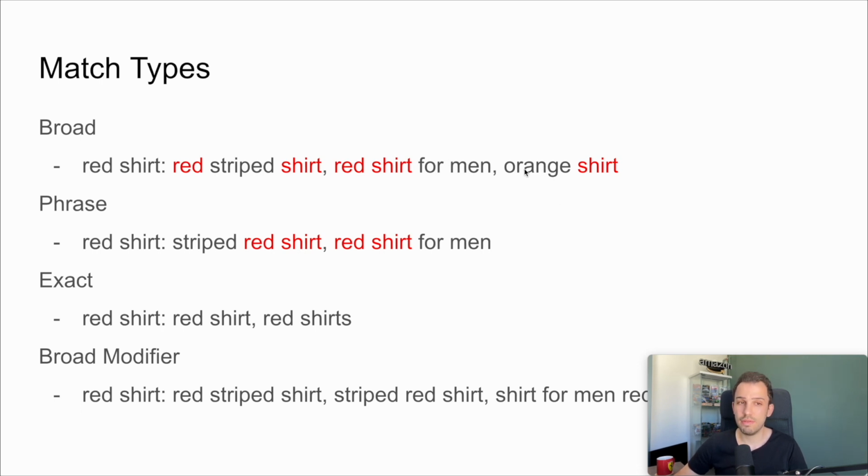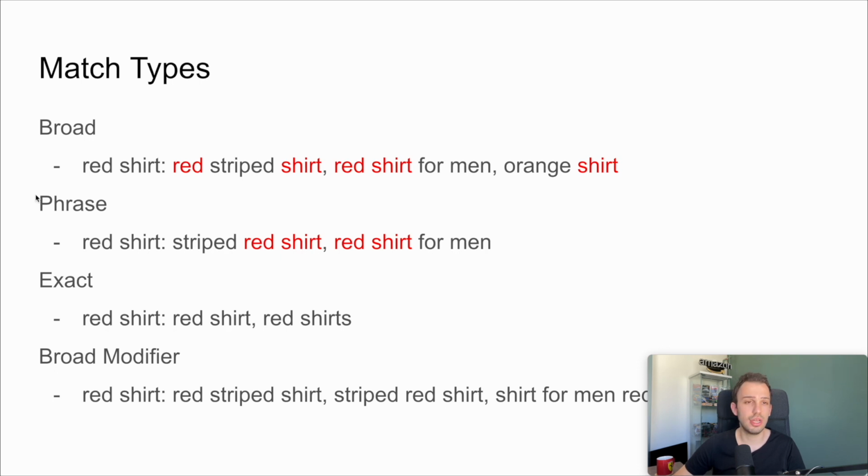And it can even change the color or the keyword itself. Like red shirt can be, I don't know, let's say orange or dark red, or even shirt can be t-shirt or something else.